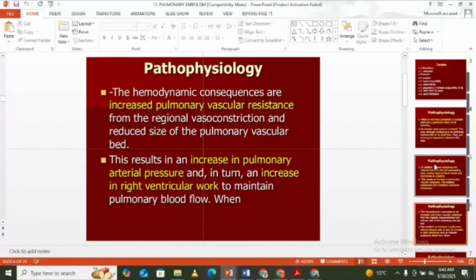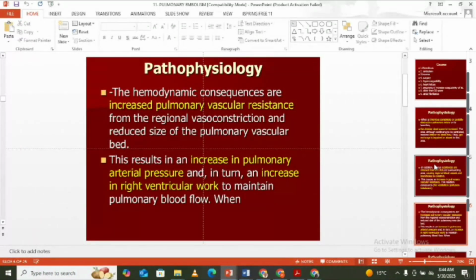There will also be an increase in pulmonary arterial pressure, because that blockage is going to increase pressure within the pulmonary artery. And that's going to increase the right ventricular work, just to try to maintain pulmonary blood flow. Because with that blockage, blood is flowing in less amounts.